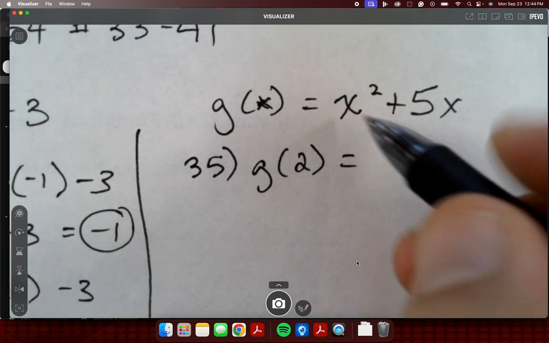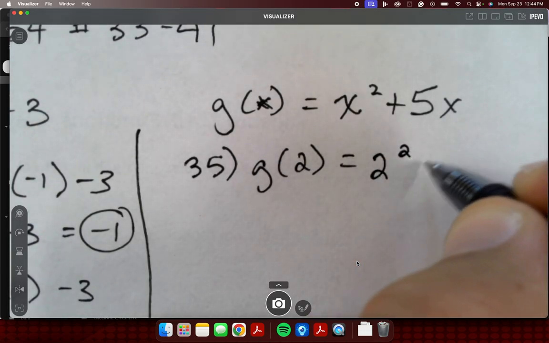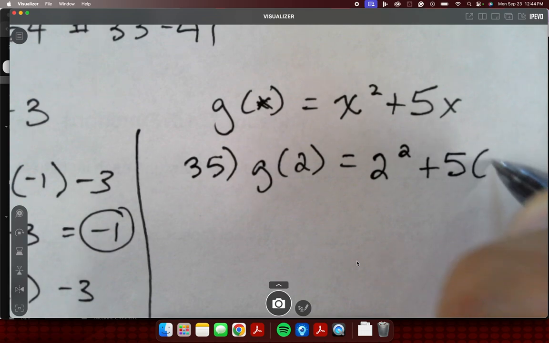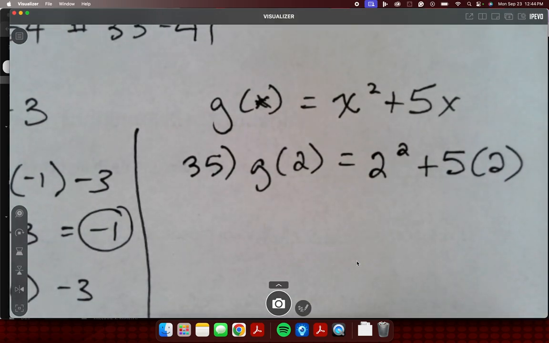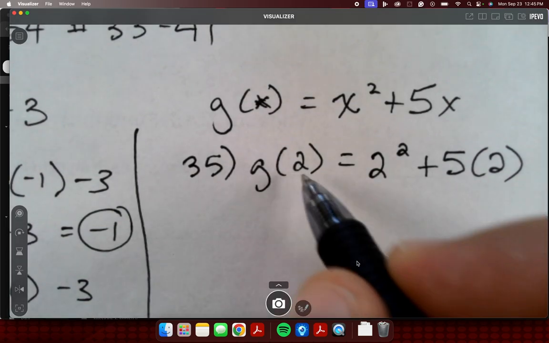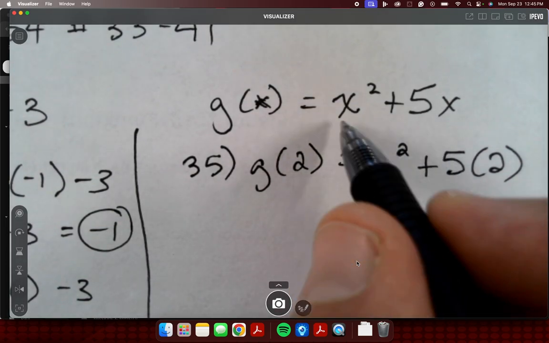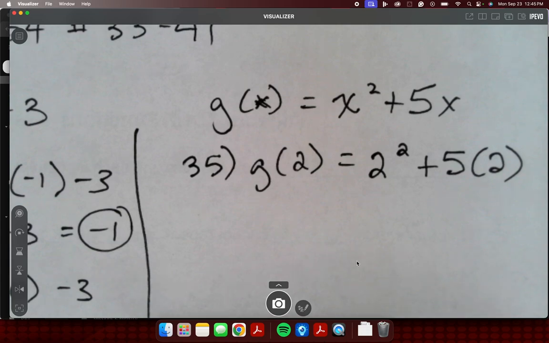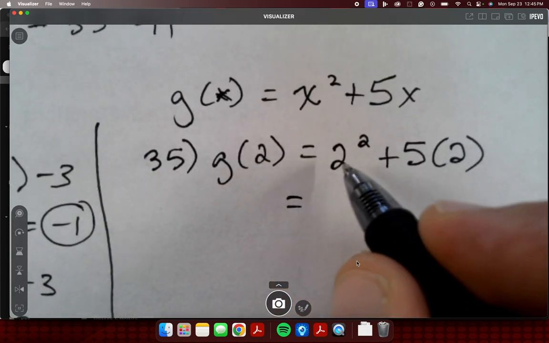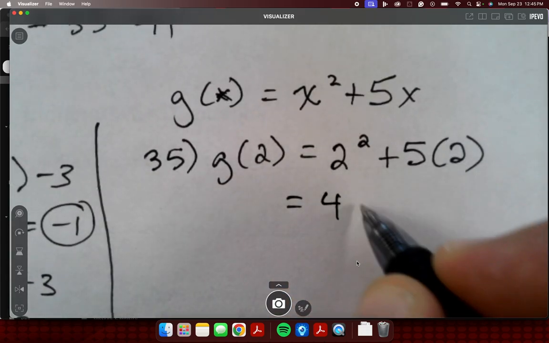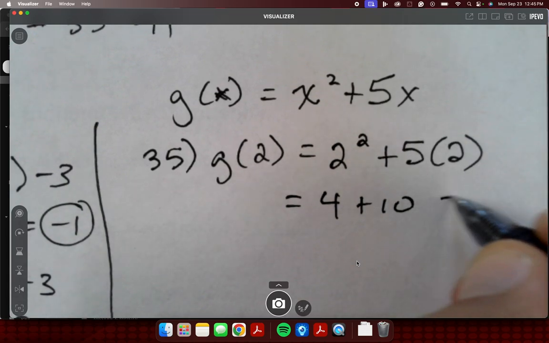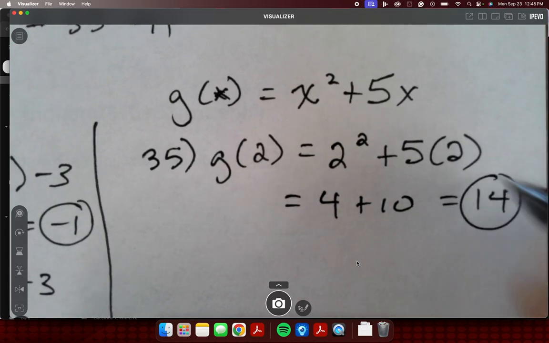So I plug 2 in for this x value. I plug 2 in for that x value. So if the variable shows up more than once, plug whatever's in the parenthesis in all those places. We follow the order of operations. 2 squared is 4. 5 times 2 is 10. 4 plus 10 is 14.